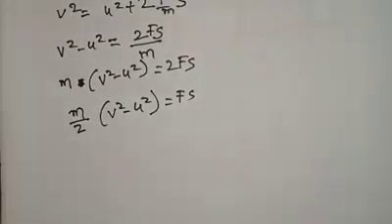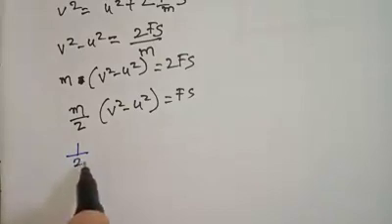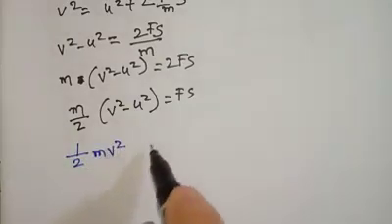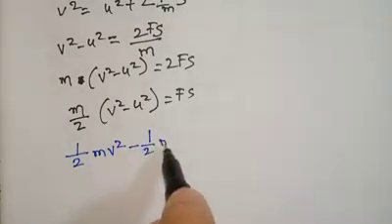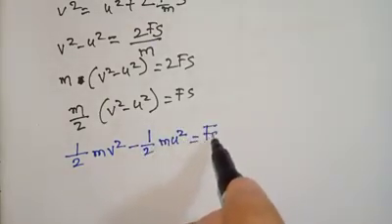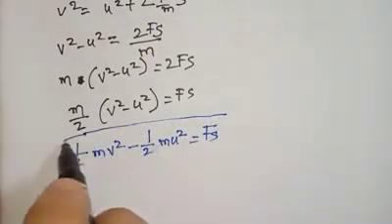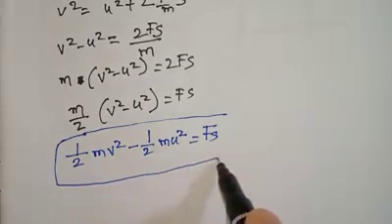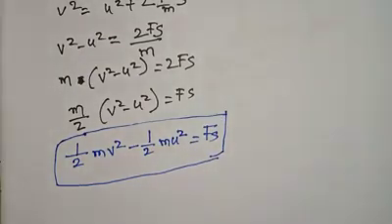Solving this, it would be half of mv squared minus half of mu squared equals fs, and this is yet another important formula of physics.